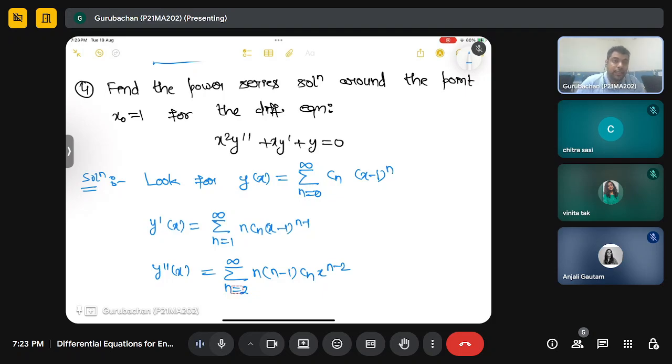For simplicity, you may also replace this x minus 1 with some z, so that your expression will become in terms of cn z to the power n. So you try that on your own, then we will discuss whether we have to proceed with this x minus 1 to the power n, or we can just take its dummy parameter x minus 1 to be z. Try this one.